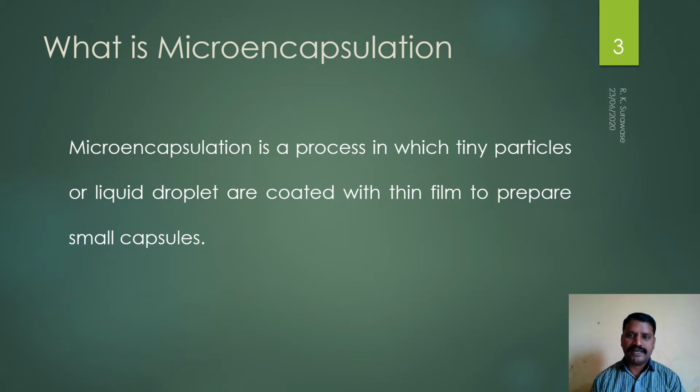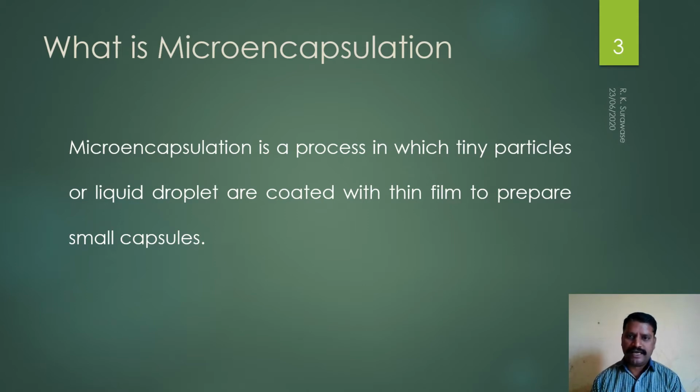The core material may be an API or drug substance, living cells or enzymes. So enzymes, living cells and API or drug material will get encapsulated with a suitable coating material.